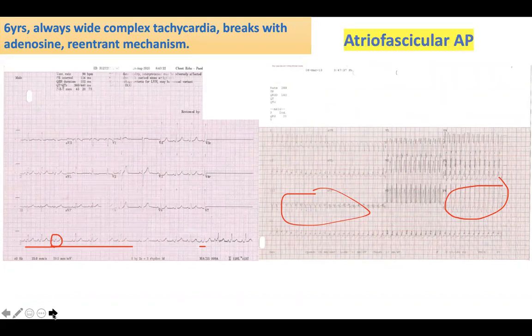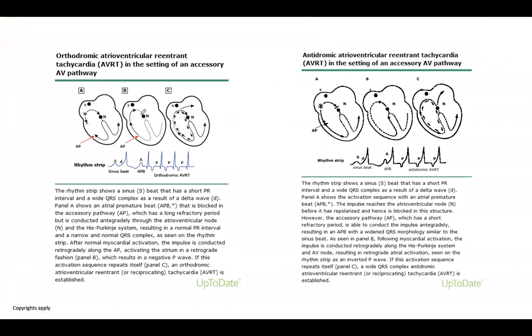There is something called antidromic SVT, remember? So you have an accessory pathway. The SVT goes down the AV node, up the pathway. This is called orthodromic SVT, and it's a narrow complex tachycardia because it's going down the AV node.